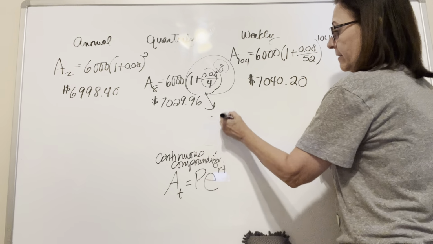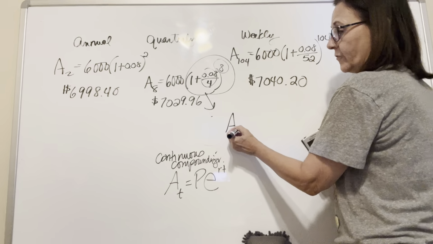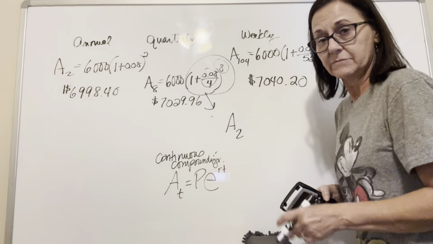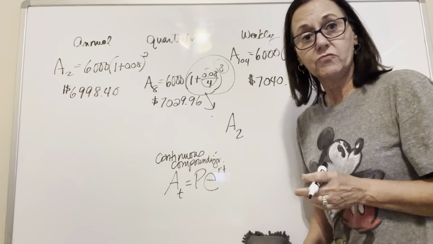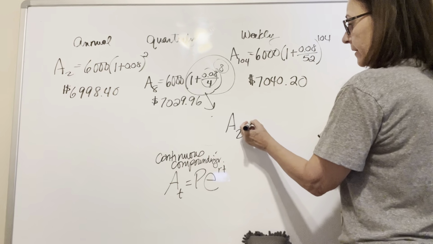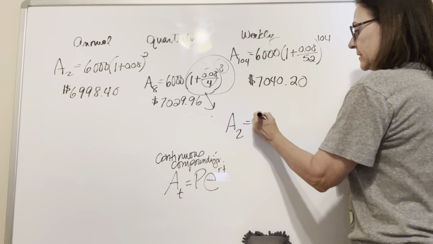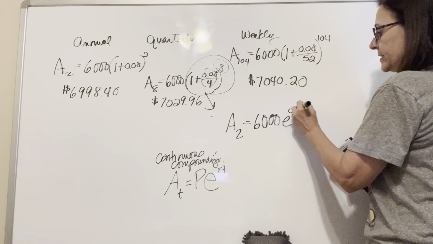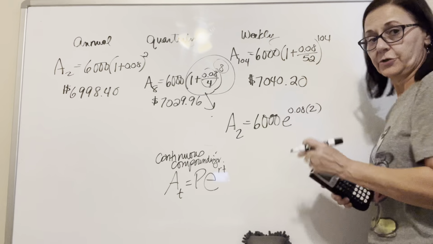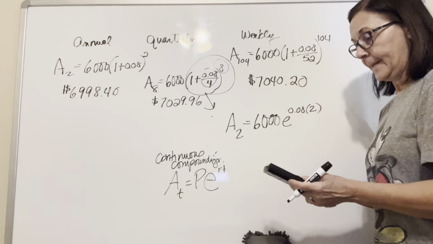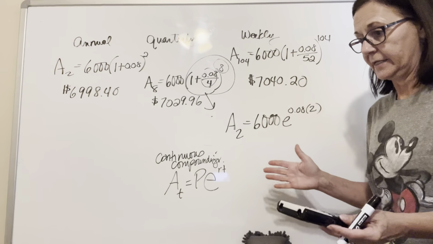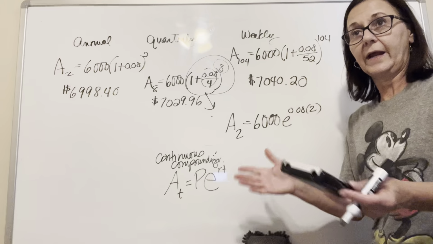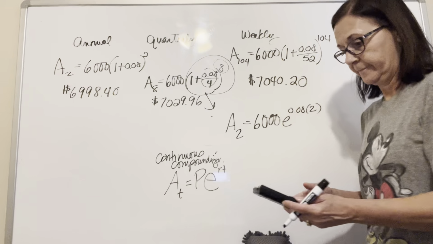So the amount over, let's say 2 years, we're going to use the same 2 years. We use the same rate, 8%, equals the principal, 6,000, E, raised to the 0.08 times 2. And you always use years here, unless it's bacteria and everything is in days. And it gives you that rate, that daily rate.